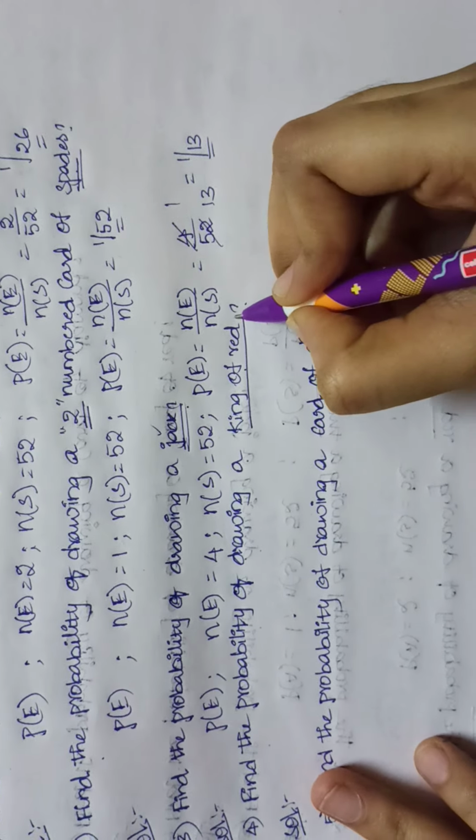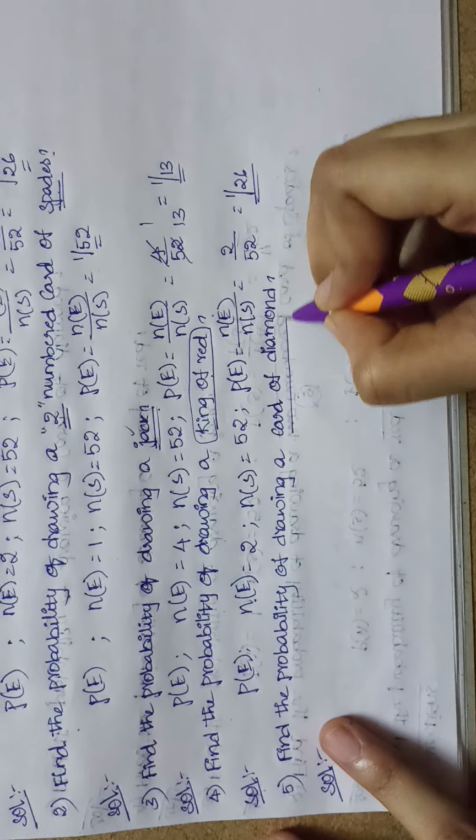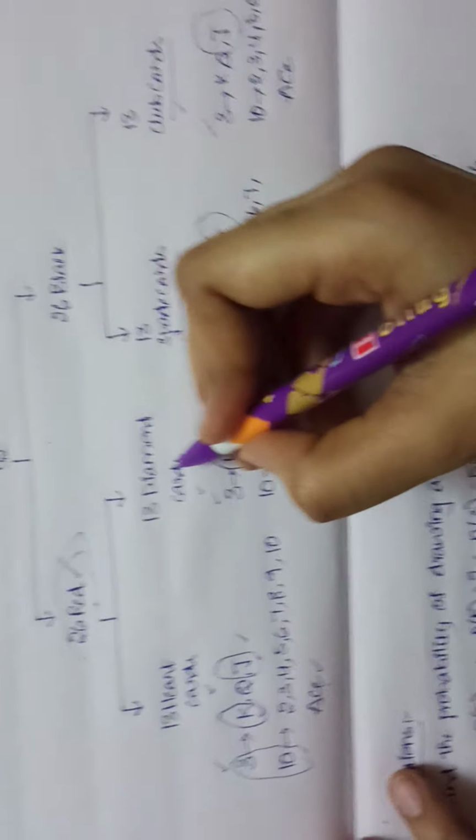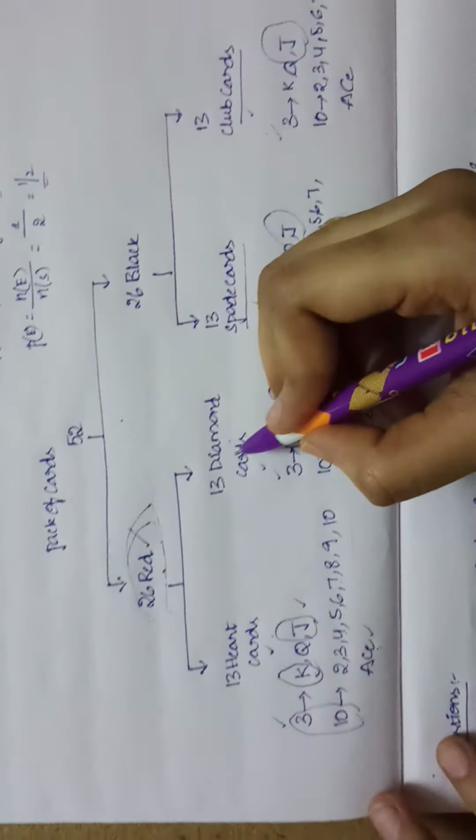Another problem. Find the probability of drawing a card of diamond. Diamond means we have to look for diamond cards. Here diamond cards are 13. Here they didn't mention any king, queen or jack card, so we have to take the entire 13 cards. Okay, P(E) represents the probability of getting a diamond card and n(E) means total how many diamonds? 13. n(S) means sample space.